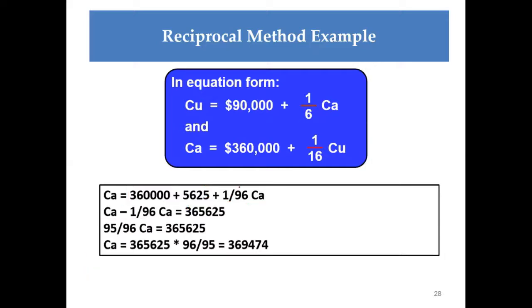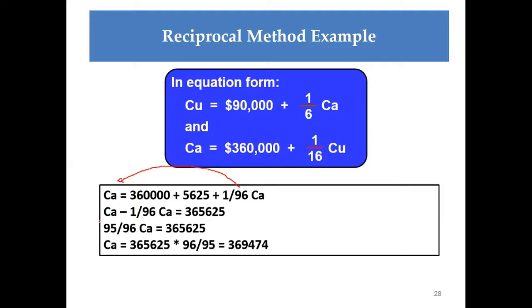Then we subtract 1 by 96 CA from CA, so we have CA minus 1 by 96 CA equals 365,625. 1 minus 1 by 96 equals 95 divided by 96 CA.